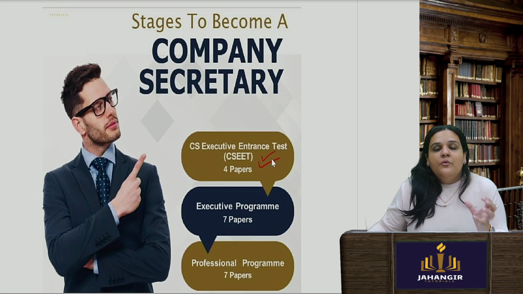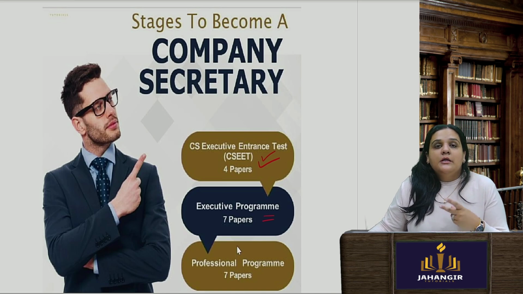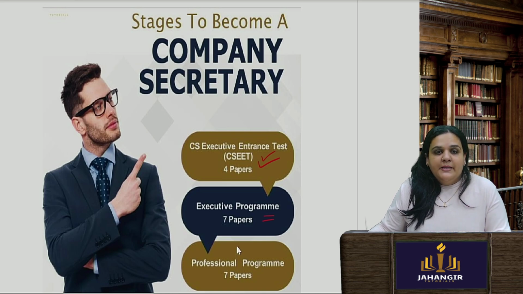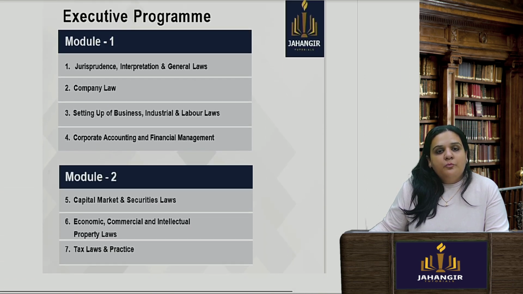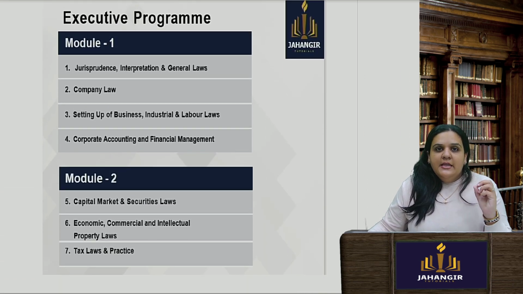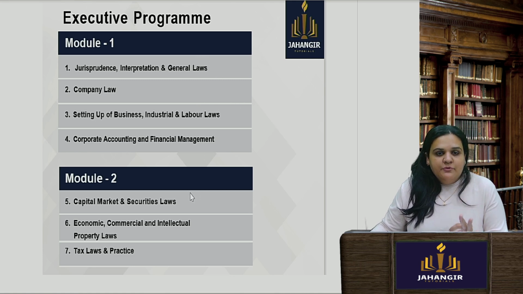Now you are in your executive program, and then the last one is professional. So you have two more programs to go to become a company secretary. For the executive program, you have two modules. Module 1 has 4 subjects, and module 2 has 3 subjects.